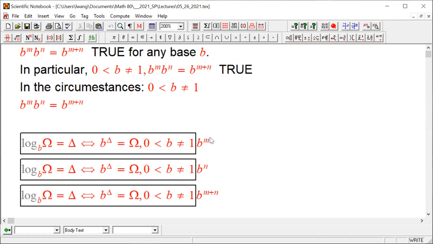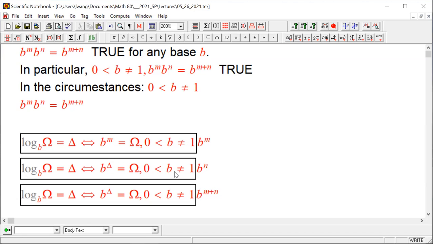So now, b to the power m is in place; this is m. Suppose I call this guy capital A, and I will call this guy capital B.